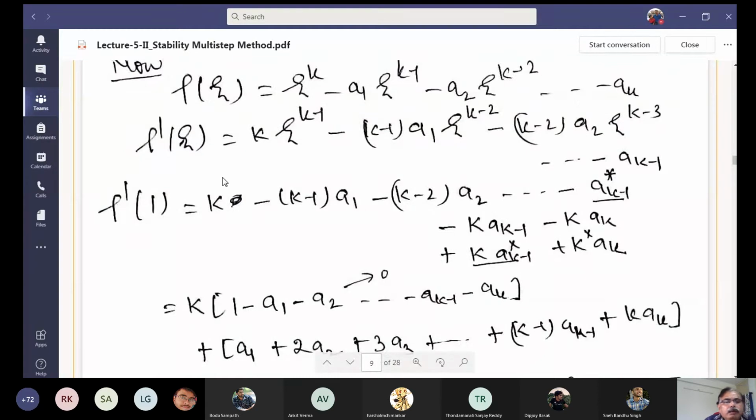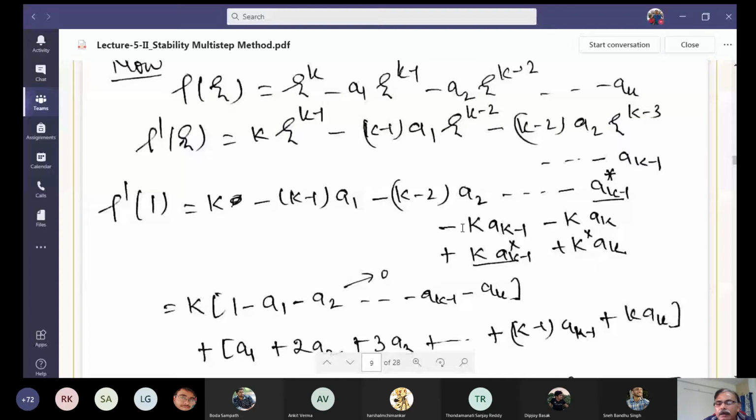Next, we'll just try to see rho prime 1. So rho prime 1 here it will be k minus 1 a1, k minus 2 a2 and so on minus ak minus 1, right? Don't see this star, I will talk later on.